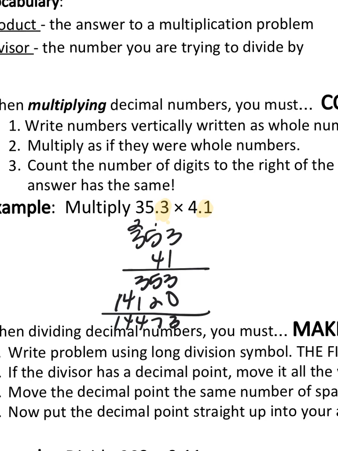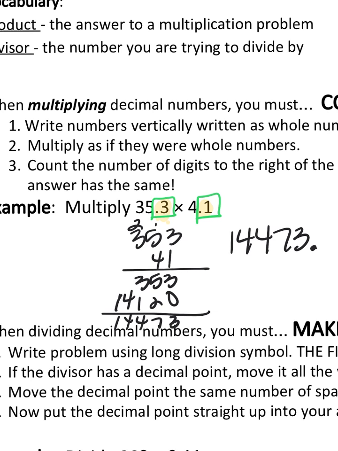And now what I want you to do is count how many decimal spaces you have to the right. Okay? How many numbers you have to the right of the decimal. In this case, you have 2. So you're going to take that number, 14473. Currently, the decimal is right here at the end. But because you have those 2 decimal spaces, it means you're actually making this, in this case, 100 times smaller.